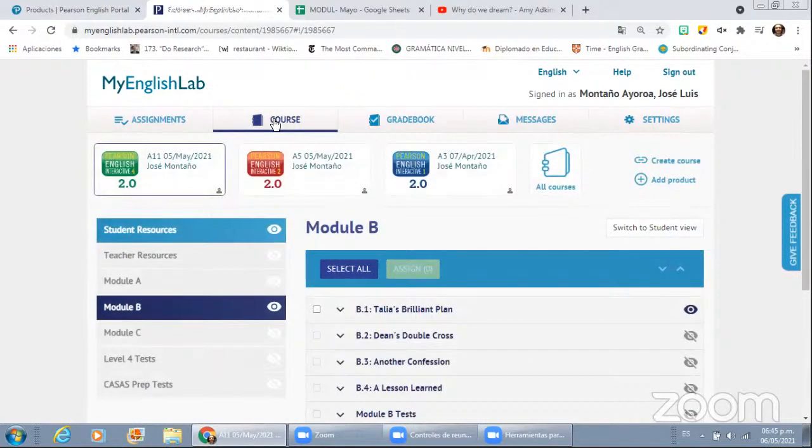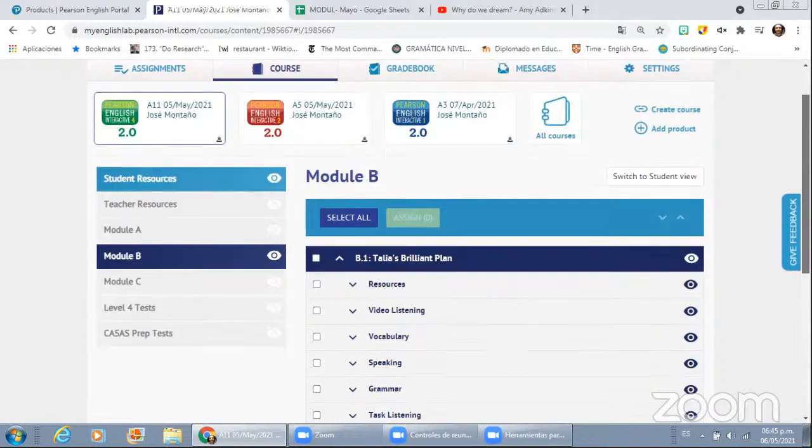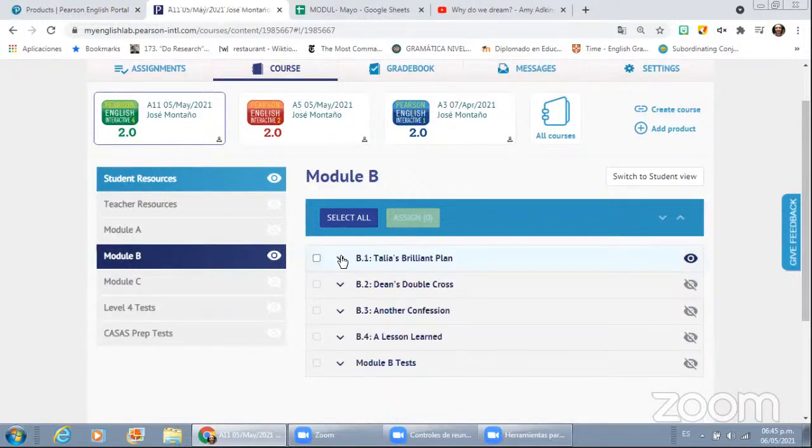Monday at 11:59 p.m. is the limit to complete the first unit. So the due date is Monday at 11:59 p.m. Do you have any questions related to that, Mariana? Let me know if you do, please.